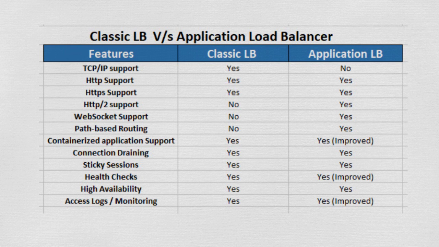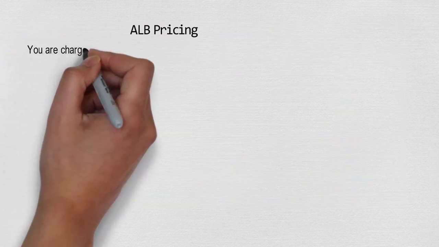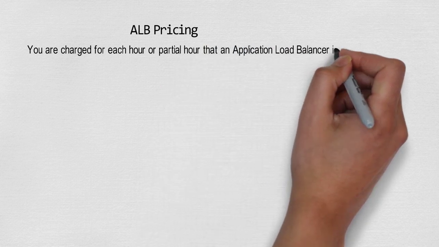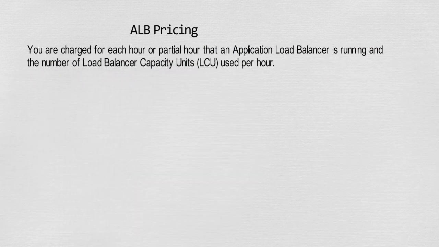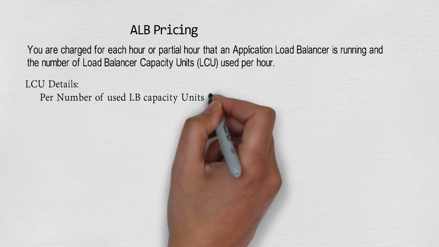At the end of this video we'll see the application load balancer pricing model. You are charged for each hour or partial hour that the application load balancer is running, and the number of load balancer capacity units used per hour.